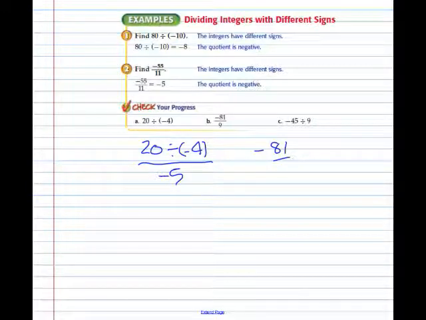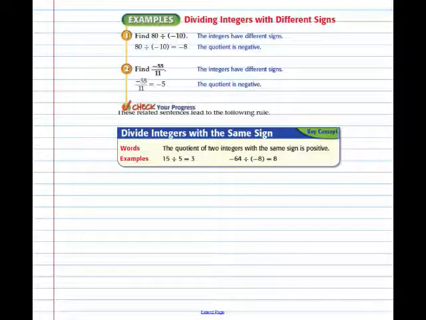In B, -81 divided by 9 equals -9. And -45 divided by 9: 2 numbers with different signs always give us a negative quotient. In this case, it's -5.